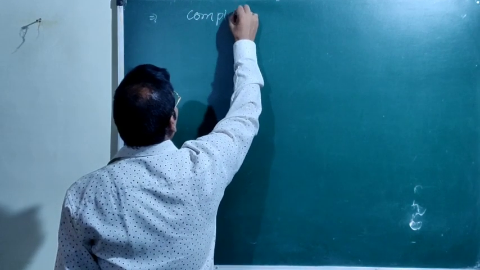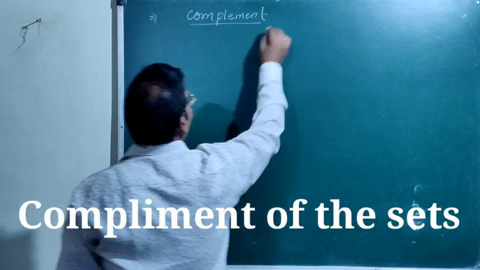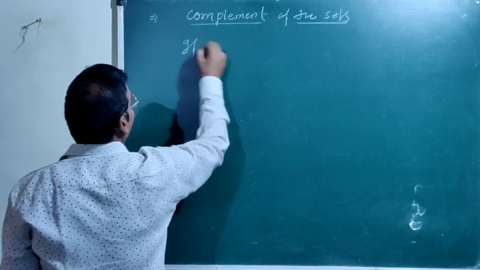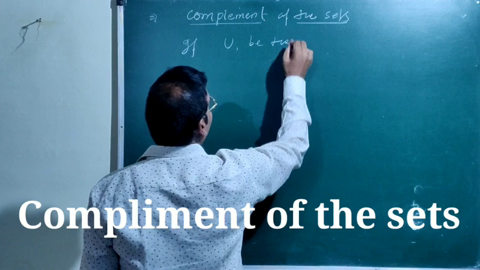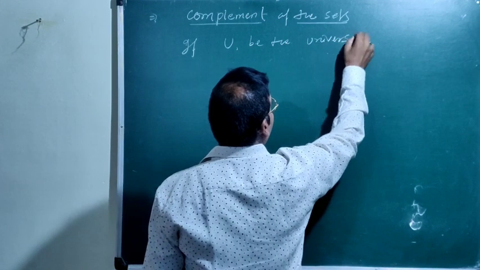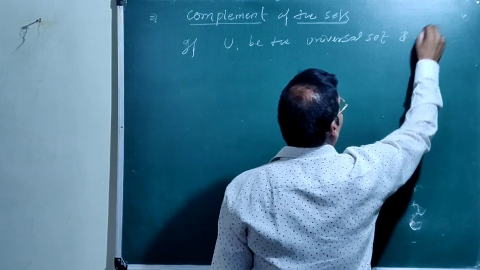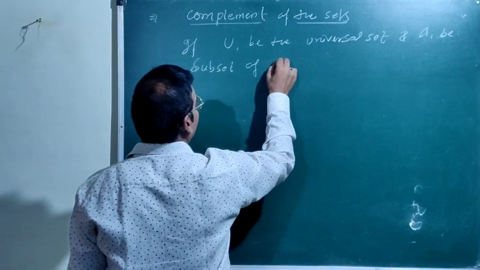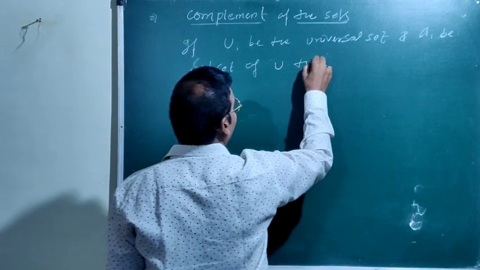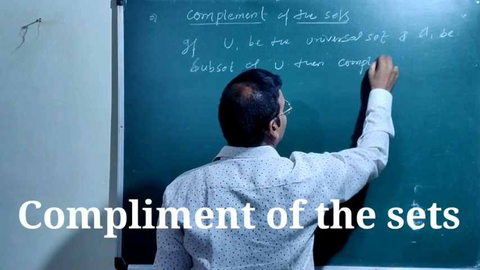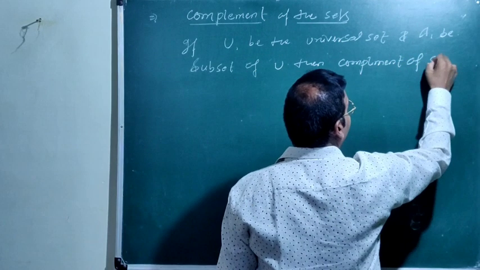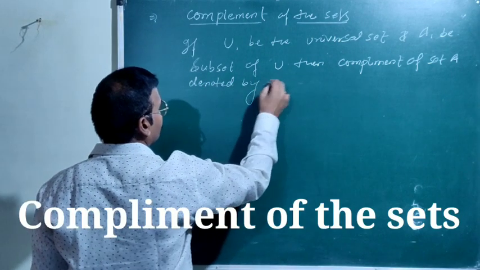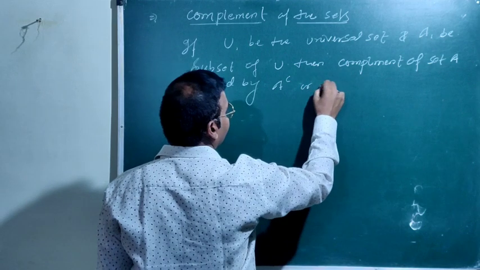Complement of the sets. If U is the universal set and A is a subset of U, then the complement of set A is denoted by A' or A dash.